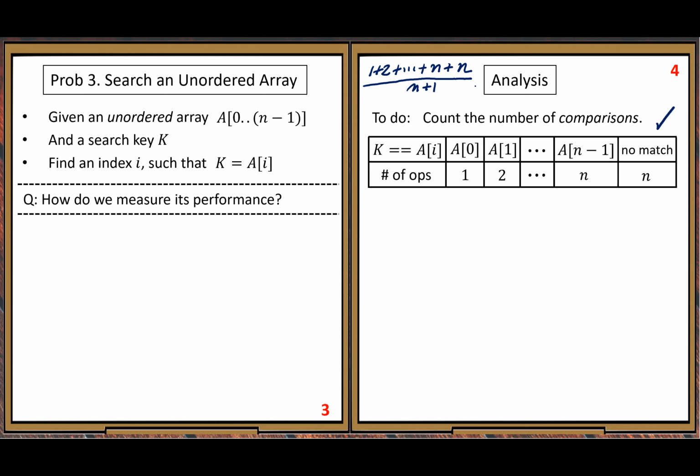Case 1, case 2, and a no match case occurs with the same probability as any of the first n cases. That's usually not right. We cannot assume that. That assumption is incorrect most of the time in real world applications.